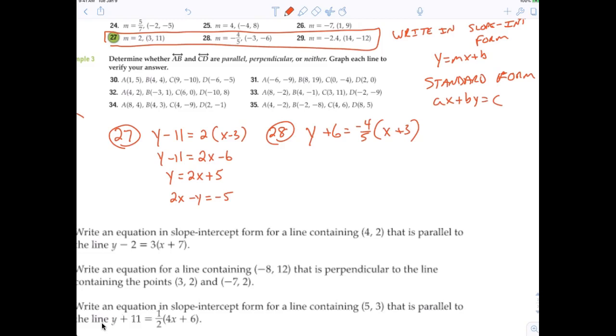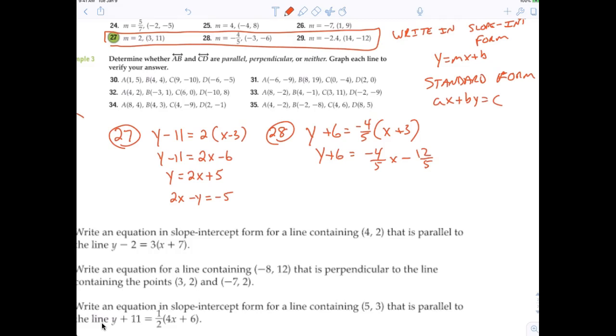Now we got some fractions, so we got to practice our fractions. Who's going to distribute the -4/5? Give it a shot. It's -4/5 x minus 12/5. That's all there is to it.